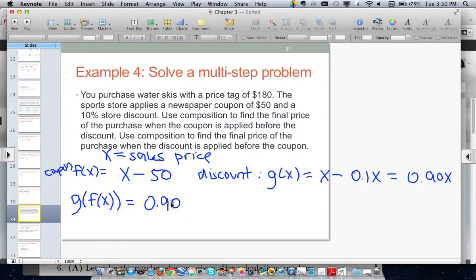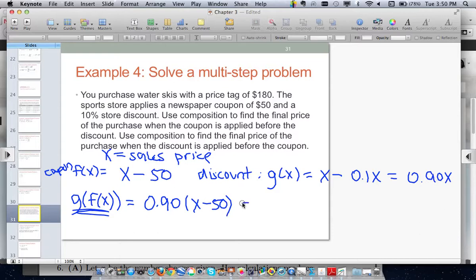When I was doing up the work for this one, I honestly found it easier to solve the problem and then match up which letters were going with it beforehand. It was a little bit tricky. I knew that I wanted to find the price after the coupon, so that's the x minus 50, and then I was going to take 90% of that, and that would be what the final answer is.